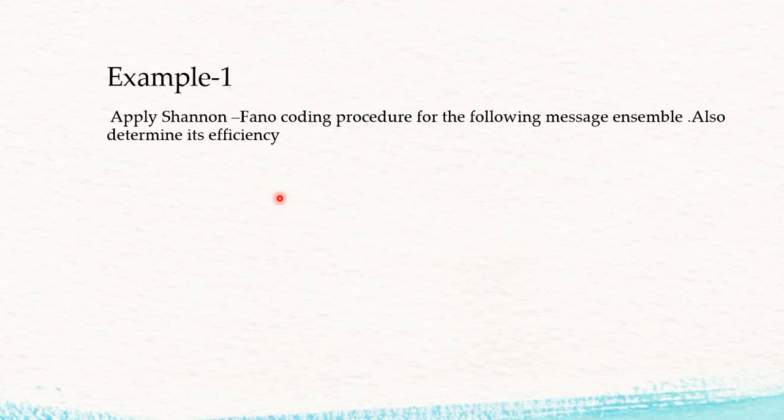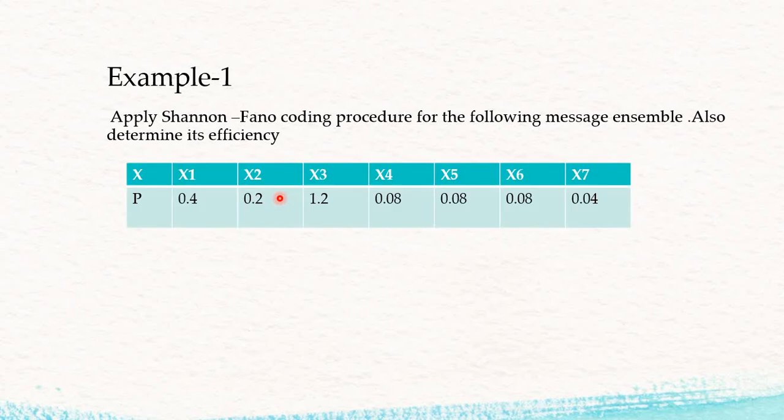Now let's begin with our first example. Apply the Shannon-Fano coding procedure for the following message, and also determine its efficiency. Here they have given us a message in symbols and we have to find its efficiency. So x is your message and p is the probability.